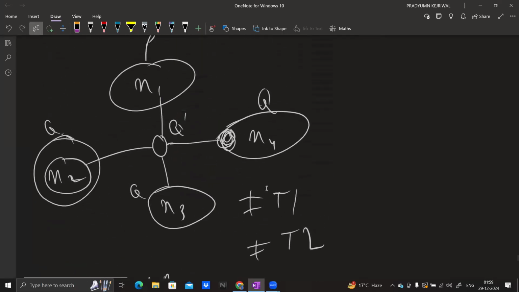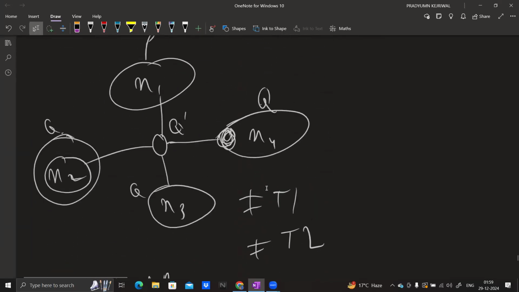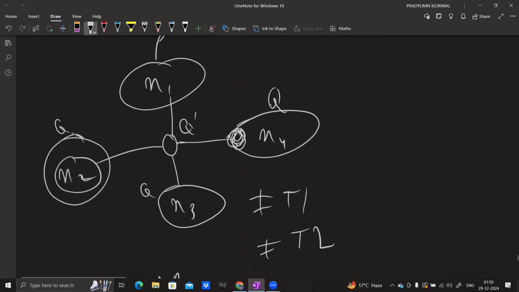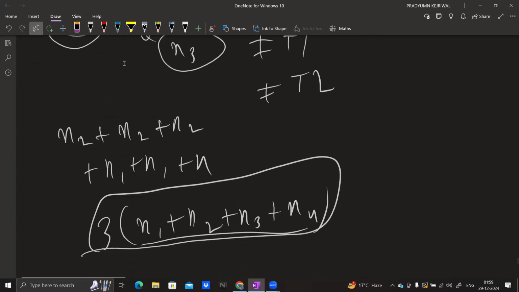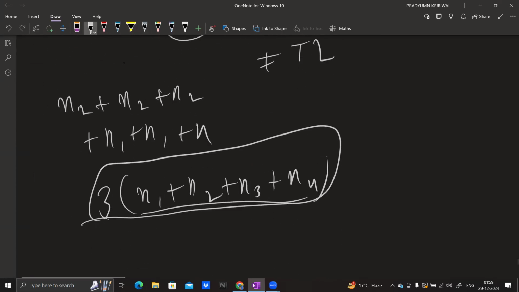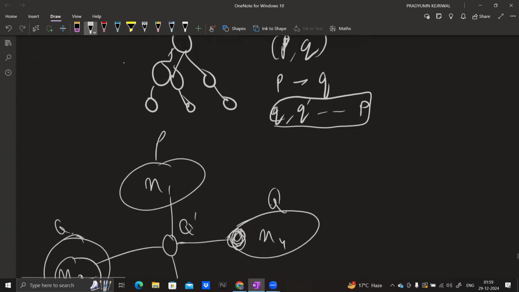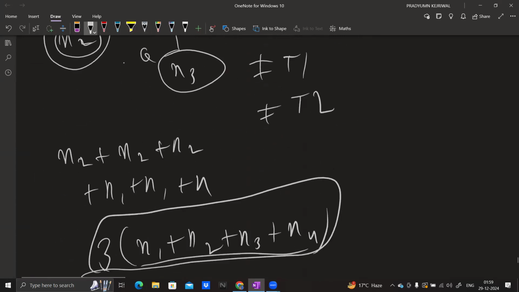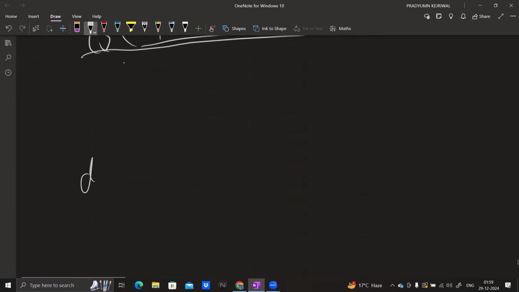So as you can see, when I'm fixing Q dash, the degree of this Q dash is 4, so 3 came here. But if the degree of this Q dash was some D, then it would just be D minus 1 into the summation of N.